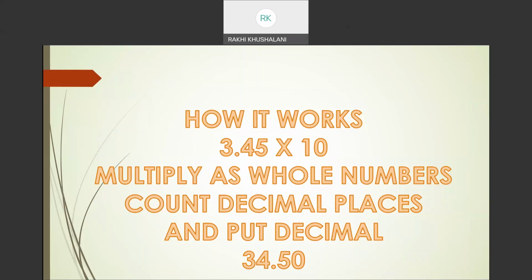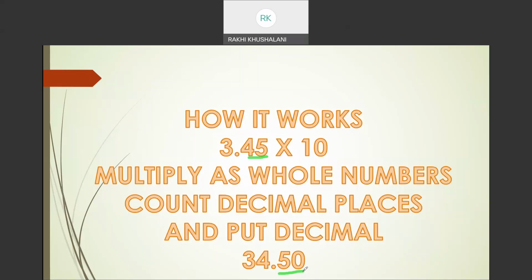Now count the number of decimal places. The number of decimal places is 2. So in the answer, you're going to put the decimal point before two digits. So I get 34.5.